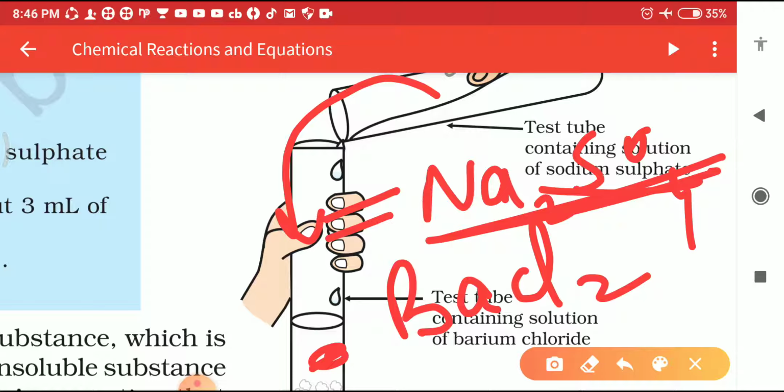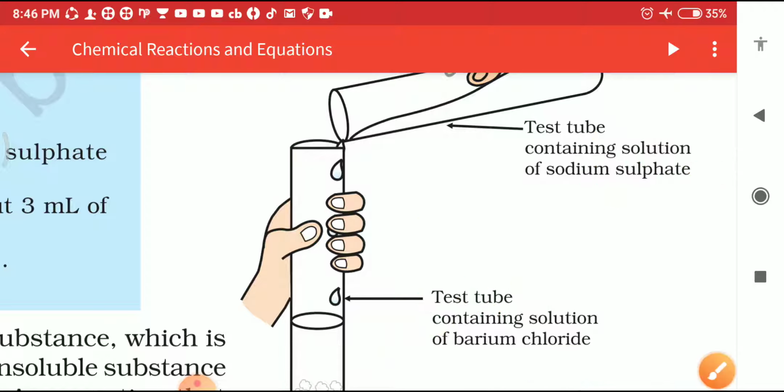When we mix the barium chloride solution with the sodium sulfate solution, it gives rise to barium sulfate, BaSO4, in the form of a white precipitate. A precipitate is a solid that is left in the solution, and it also gives rise to a sodium chloride solution.